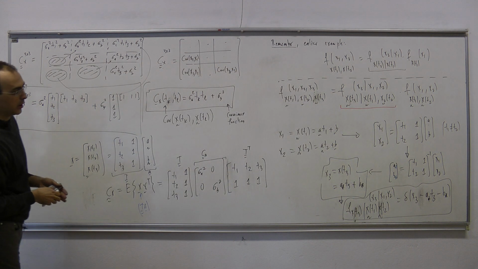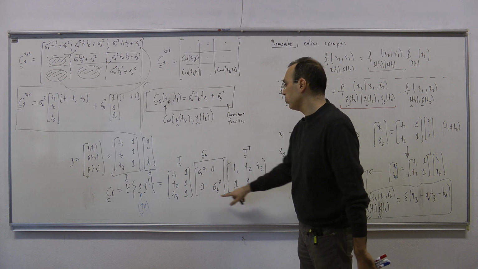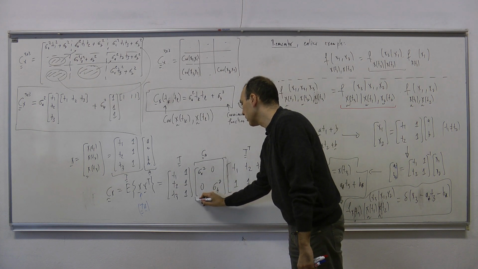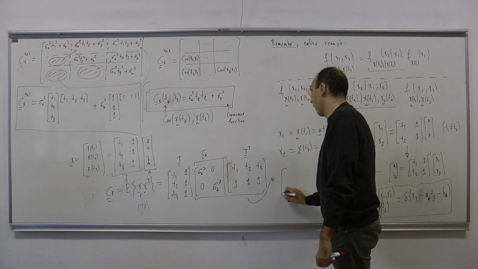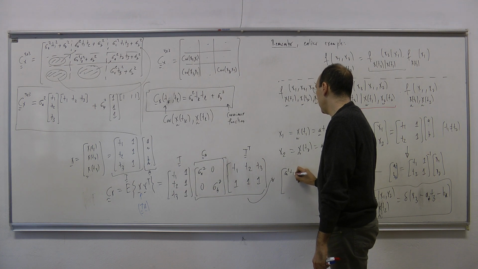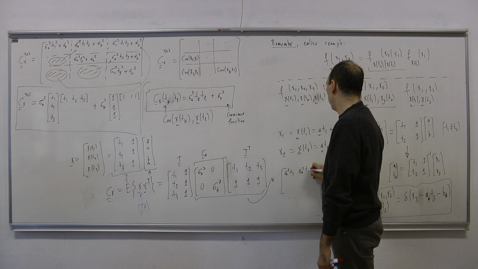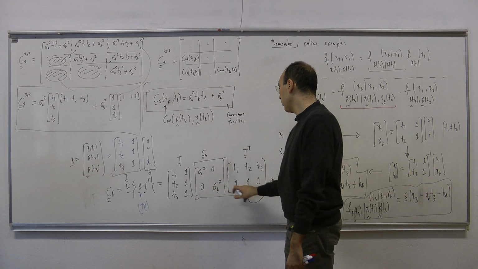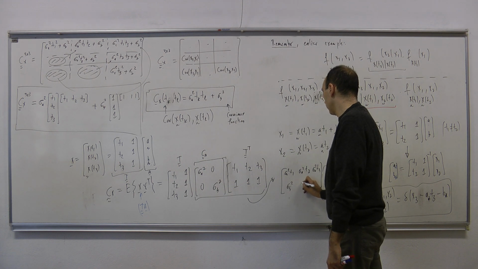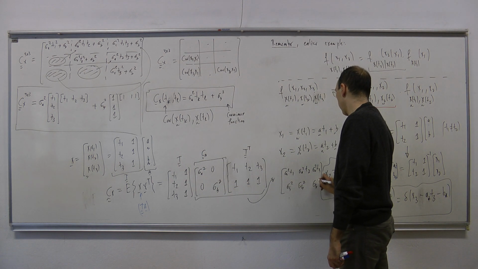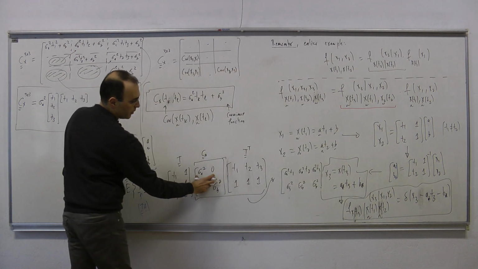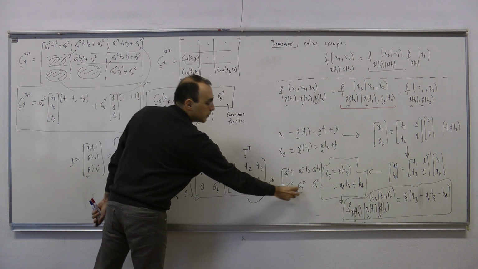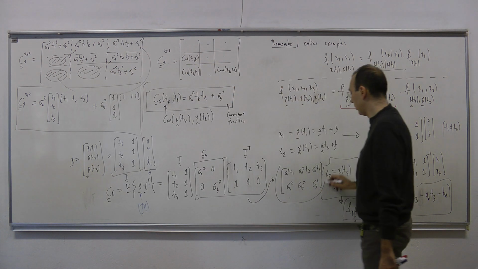If you multiply these two matrices first, you get sigma A square T1, sigma A square T2, sigma A square T3 over here. Then you have sigma B squares. This multiplies this, I get this, this multiplies this, I get this. So this is the product of these two matrices.